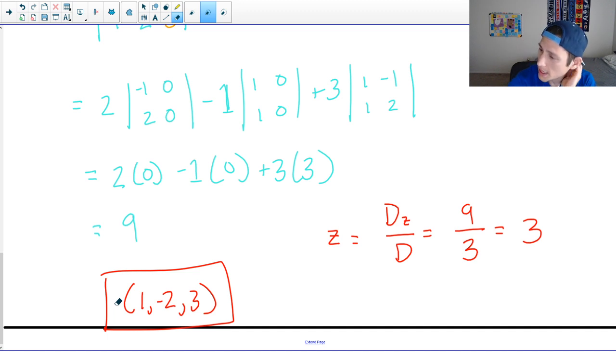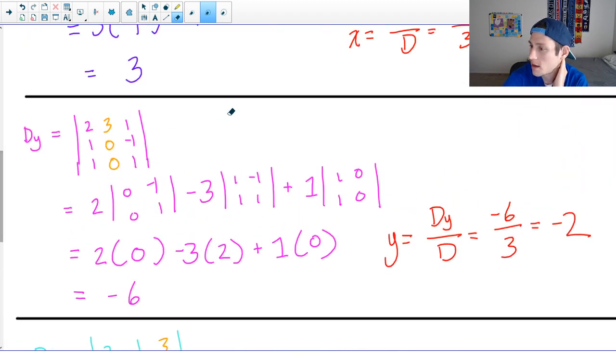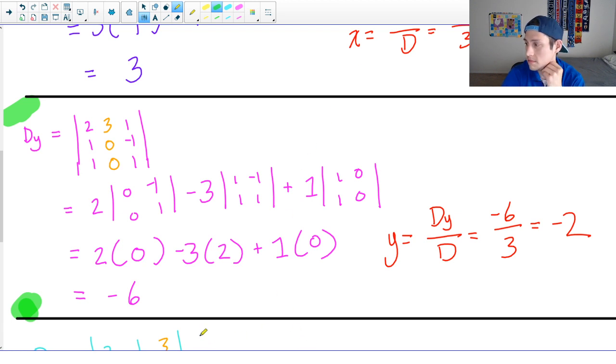So Cramer's rule is excellent for, like, maybe if I just needed to solve for y, then I would only need to do this section of work. Because this has nothing to do with what x is, or what z is. I can separately solve for this without worrying about the other stuff. I know overall it's still a lot of work if I'm solving for x, y, and z.